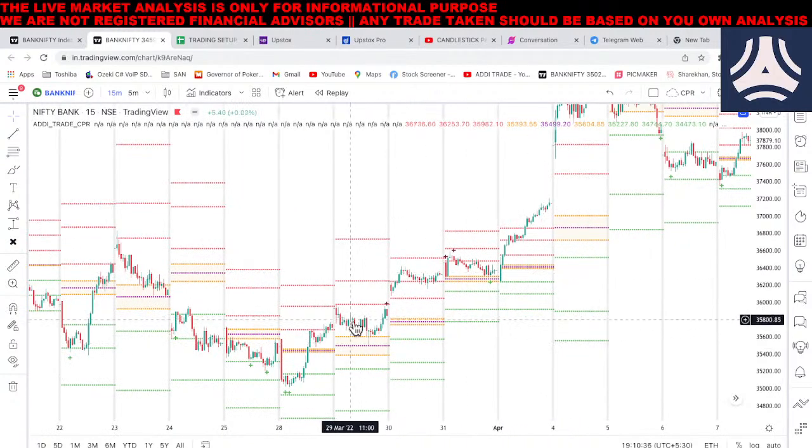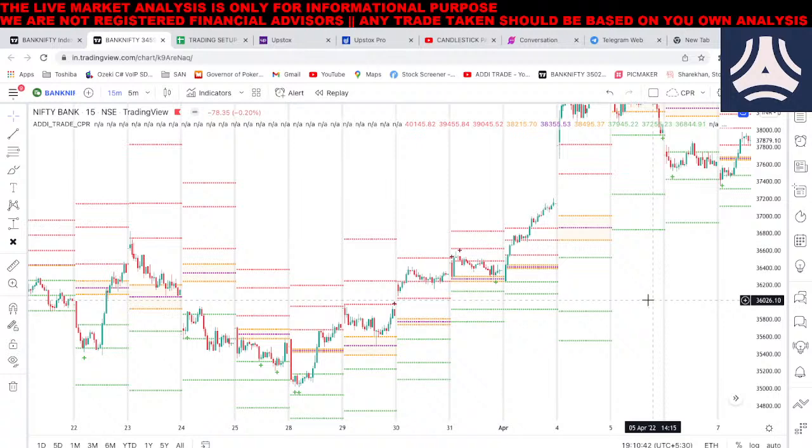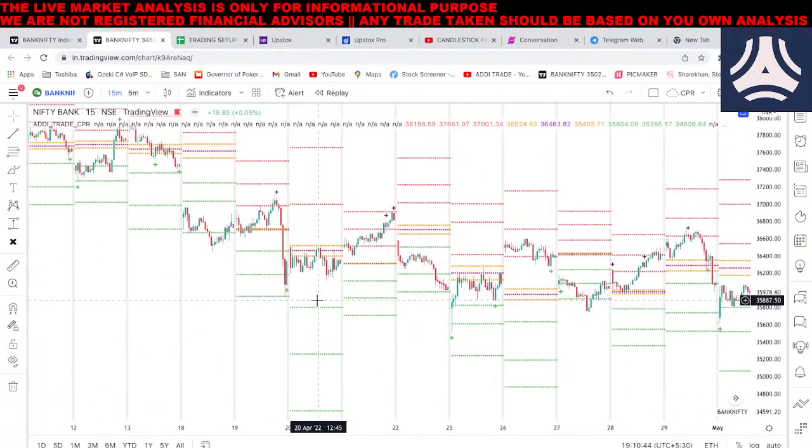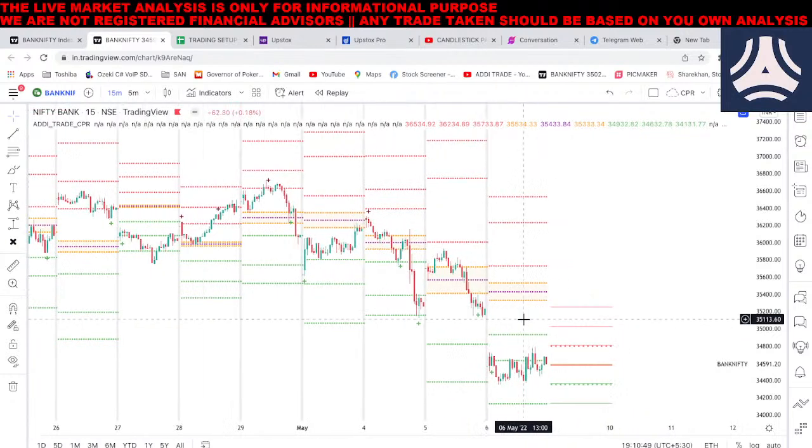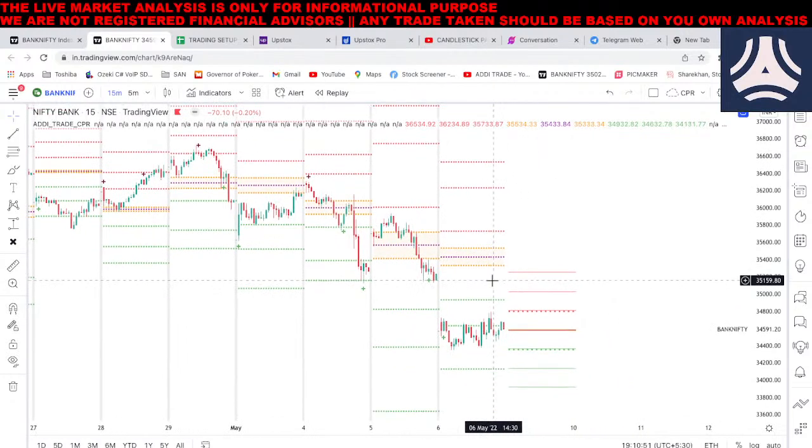Days like this where you come, take support at the CPR and bounce. So that is one thing, and probably sometime later on I will try and cover the other setups as well.